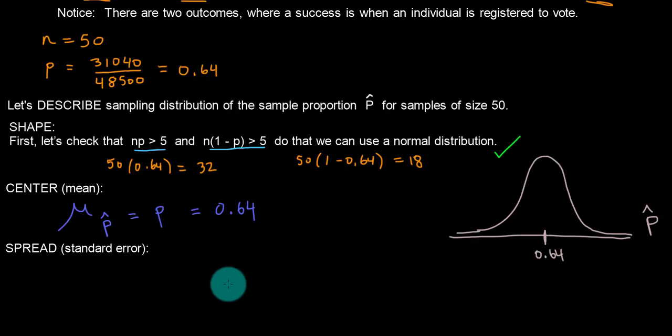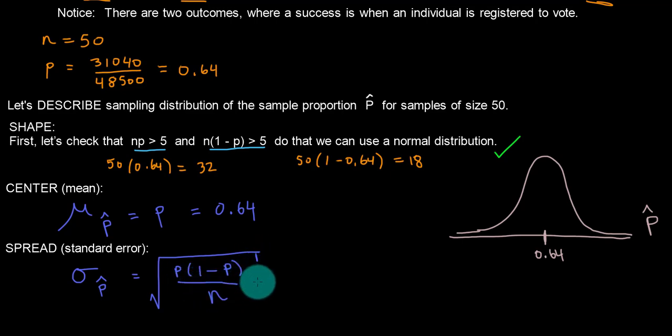The next item to discuss would be the spread, or the standard deviation of the sample proportions, also known as standard error. And that was given by the square root of p times 1 minus p over n.